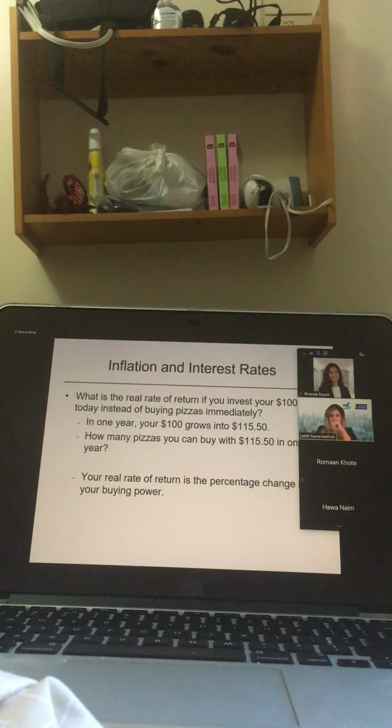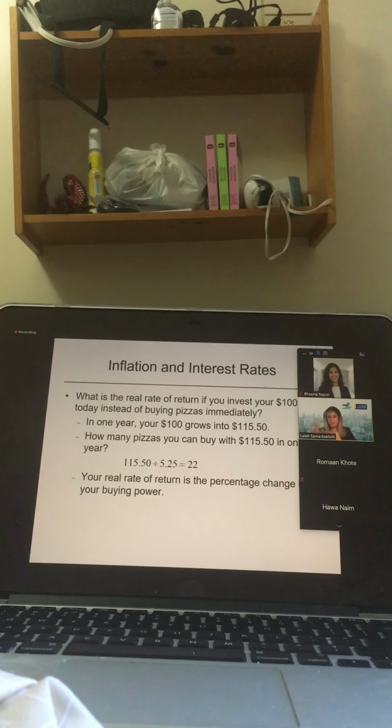So in 1 year, it's good that you invest your money, you will have 115.5. However, how many pizzas can you buy with 115.5? Which means that at the new prices of $5.25, how many pizzas can you afford now? How many? 22, that's correct. So really, my real purchasing power growth is that if I consume it now, I can buy 20 pizzas.